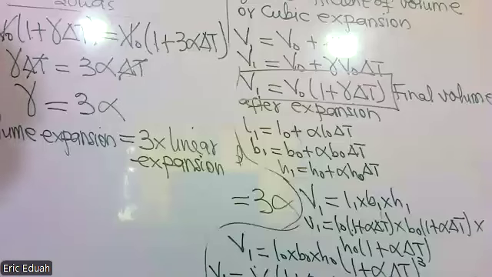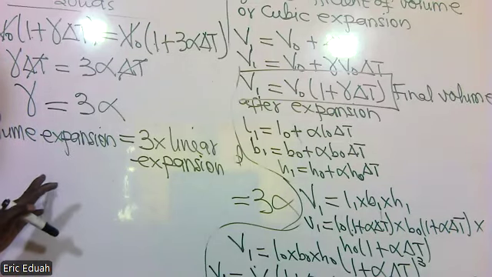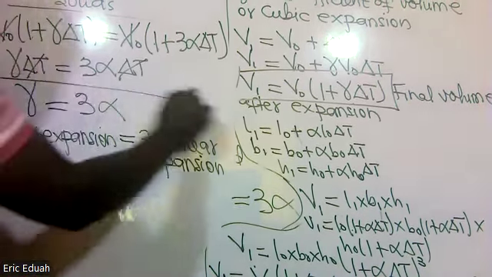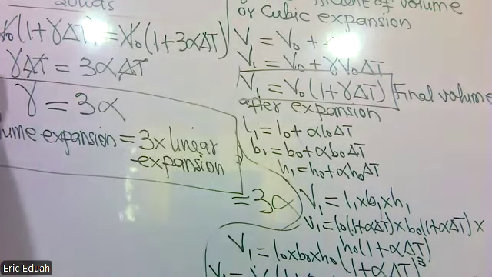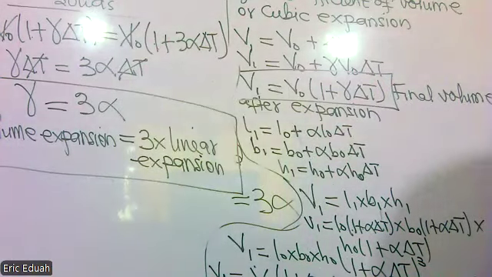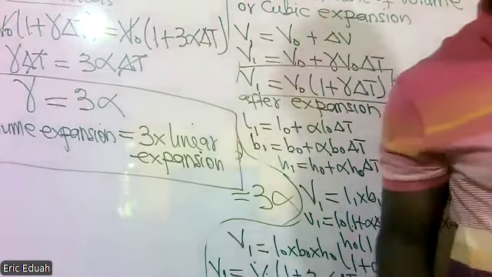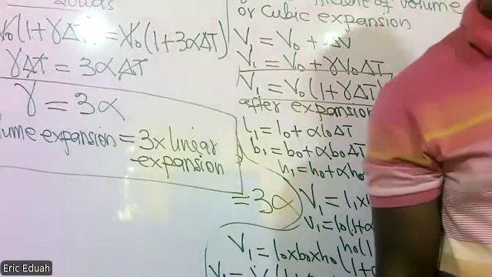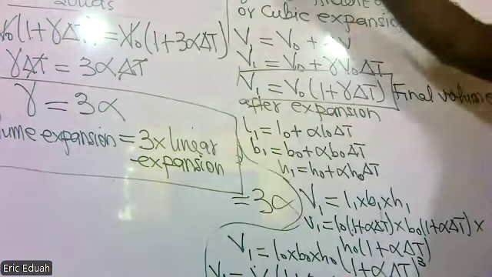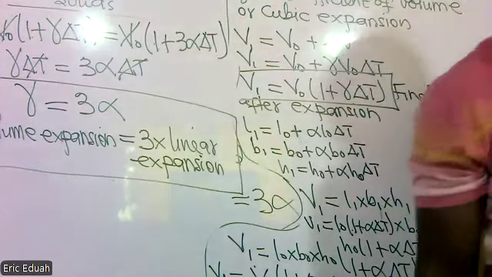Please, any question? But as I said earlier, a lot of you were able to do this out. Okay. We'll look at expansion in liquids later, because this is all about expansion in solids.